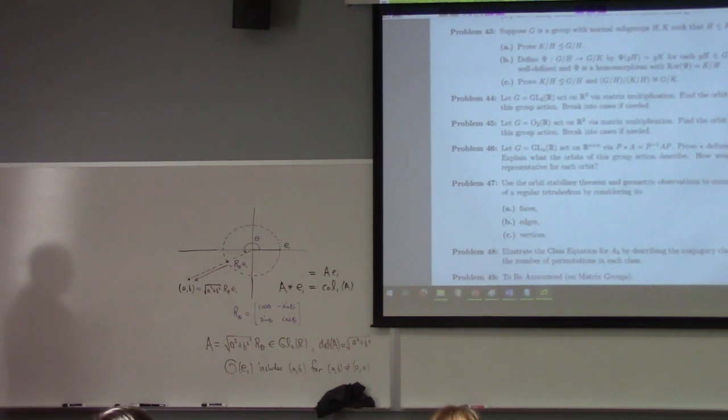But a and b are arbitrary. So in other words, the orbit of a non-origin point under GL2 is just the punctured plane. It's everything except for the origin. That's the solution to 44, except you still have to think about the origin.